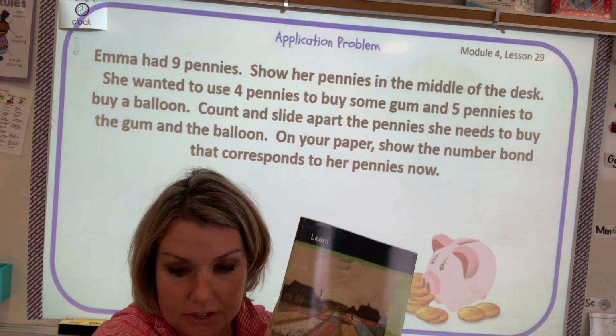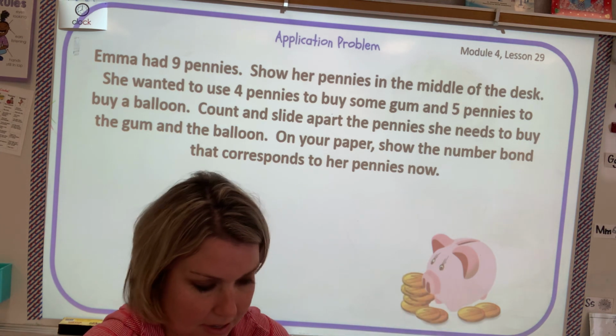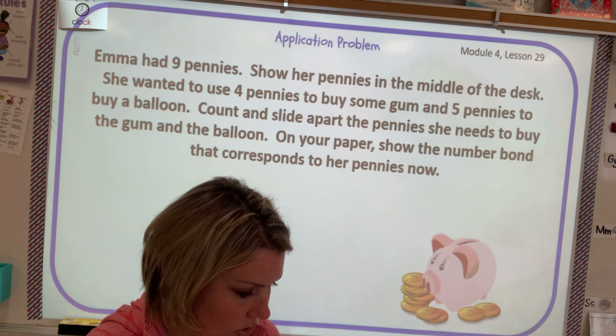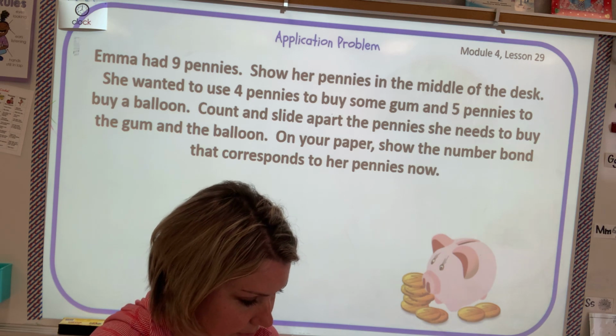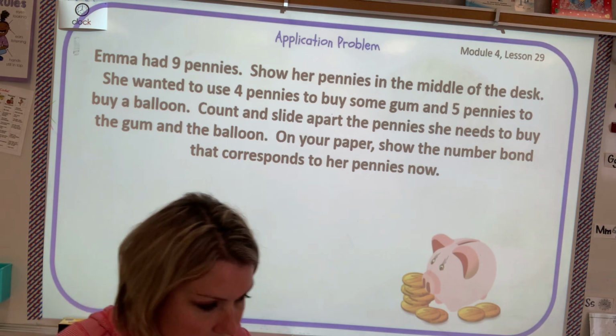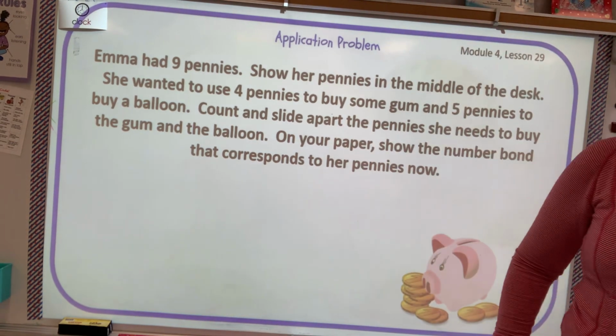Okay. Good job, Nicole. Get out your handy dandy math book and turn to page 121. It's going to be towards the back.